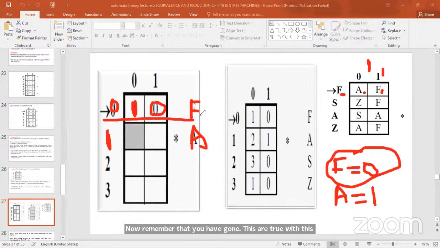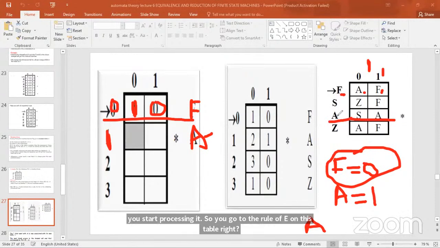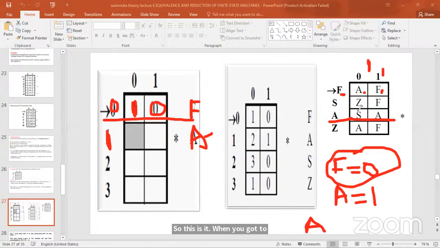So how do you determine the next alphabet to process? If you look at this table, the next alphabet you are seeing is A. So you start processing A. You go to the row of A on this table, right? So this is A. When you are at A and you receive 0, where do you move to?